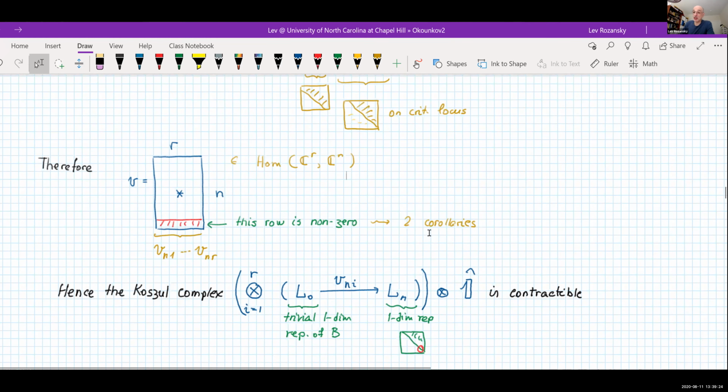So it doesn't matter whether I use left Borel or right Borel, I can translate one into the other. So I consider Koszul complex, which is a product of complexes killing each of these red entries of the matrix V. From the Borel point of view, you shoot from the trivial representation to each of the one-dimensional representations of Borel, to the nth one-dimensional representation of Borel. That's what you do. Because these are the weights of the lower row. They all have the same weights with respect to Borel.